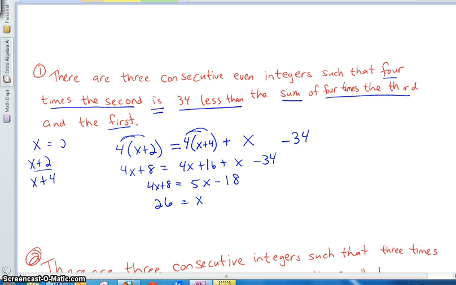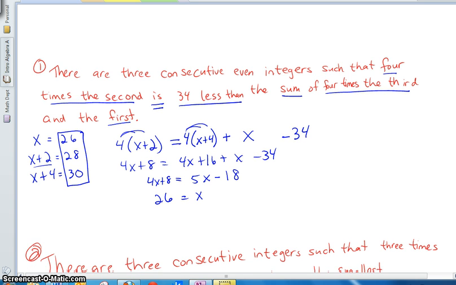So that means x is 26. My second integer is 28. My third one is 30. So those are my 3 consecutive even integers. Hopefully that's what you got.